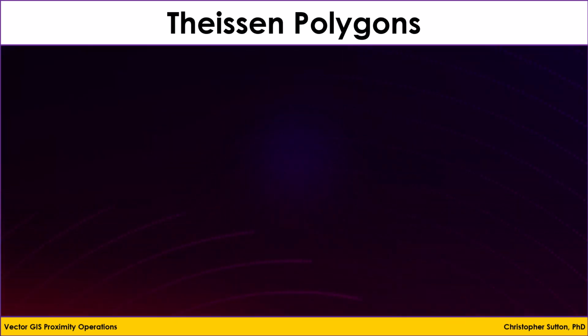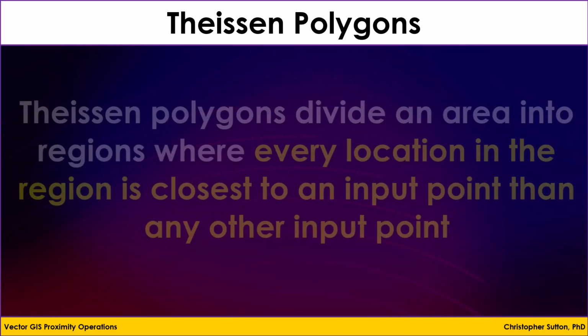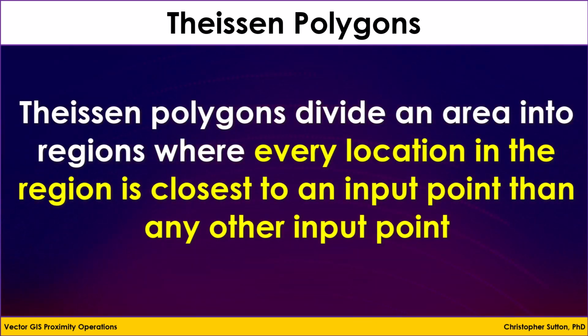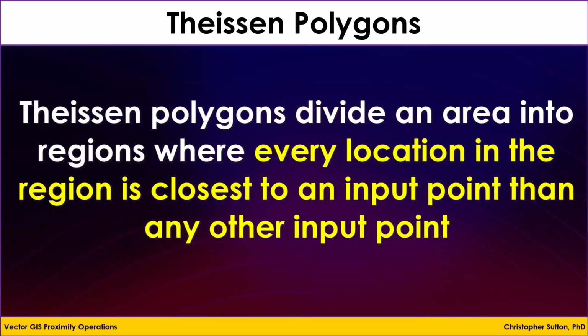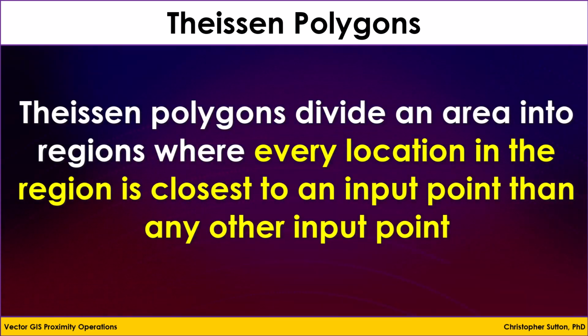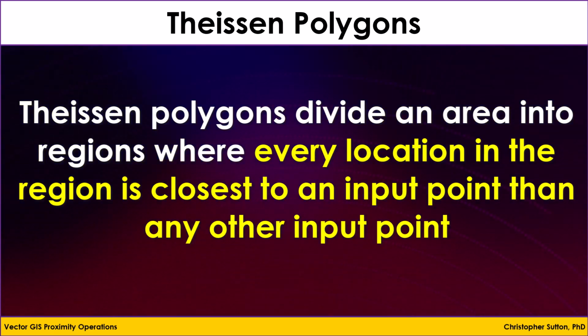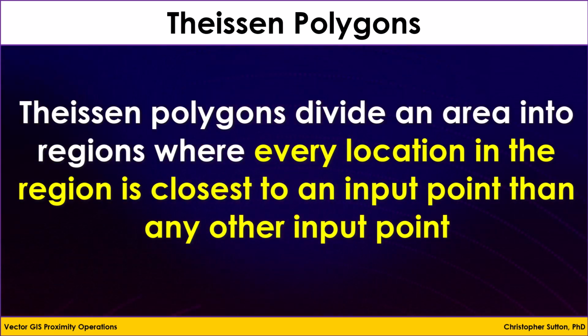Another spatial operation is the creation of what are called Thiessen polygons. Thiessen polygons are polygons that divide an area into regions, where every location within the region is closest to an input point than any other input point. This may not make a whole lot of sense in its description, so let's look at an example.